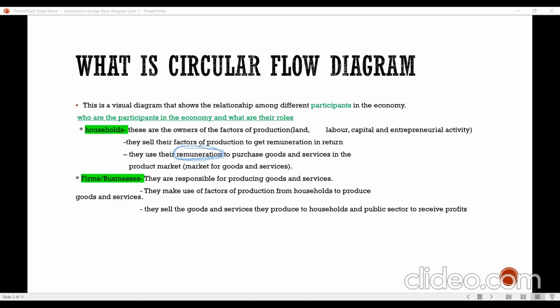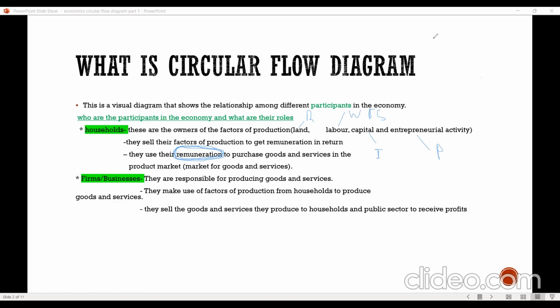Households get remuneration in the form of rent for land, wages and salaries for labor, and interest for capital. For entrepreneurial activity, they get profits. That is the remuneration that households get after selling the factors of production to the factor market.